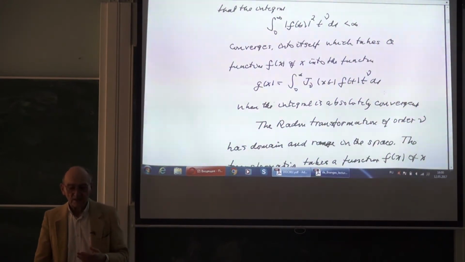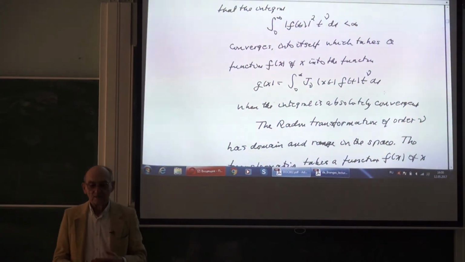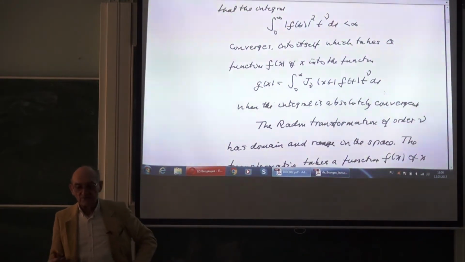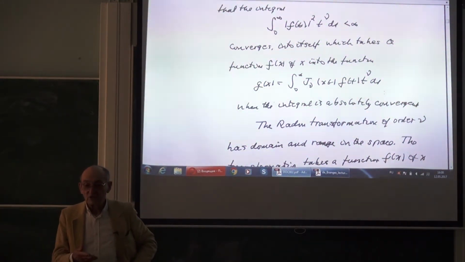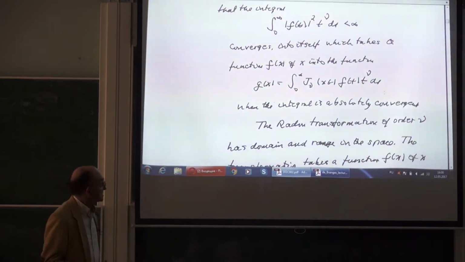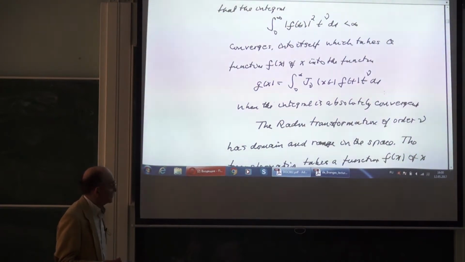That means that a function that's square integrable is the orthogonal sum of a function which is its own Hankel transform, that's called a self-reciprocal function, and a function which is minus its own Hankel transform. That's called a skew reciprocal function.